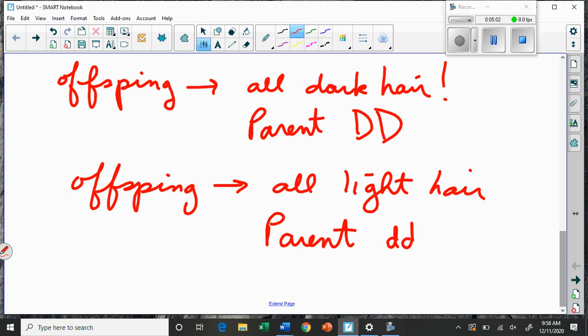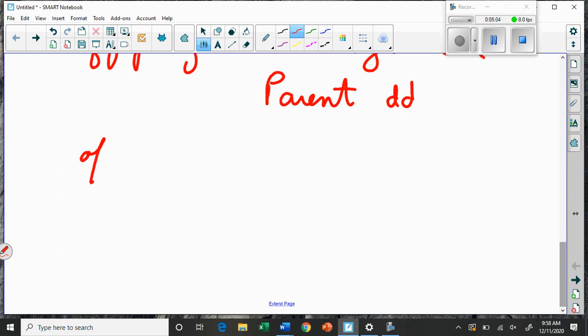But if we get a mix, and it doesn't have to be exactly 50-50, remember, because those are just probabilities. That's just the chances of every baby. There's a 50% chance of being light or dark. It doesn't mean that exactly half of all the babies will have to be dark or light.